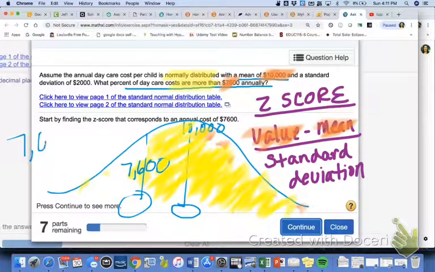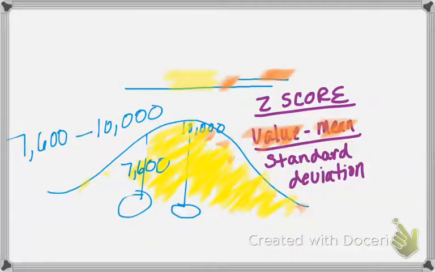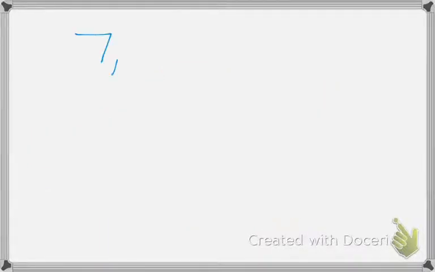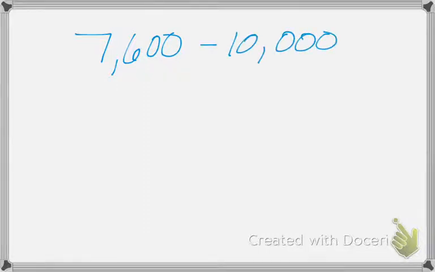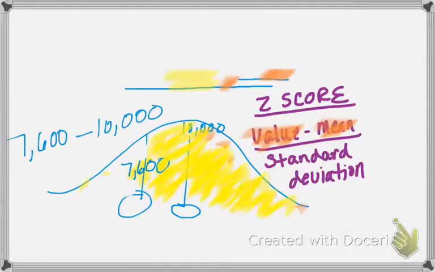So 7,600 minus 10,000. To get myself a blank piece of paper to write on here. So 7,600, take away 10,000, and that gives me negative 2,400. Then I have to divide it by the standard deviation.